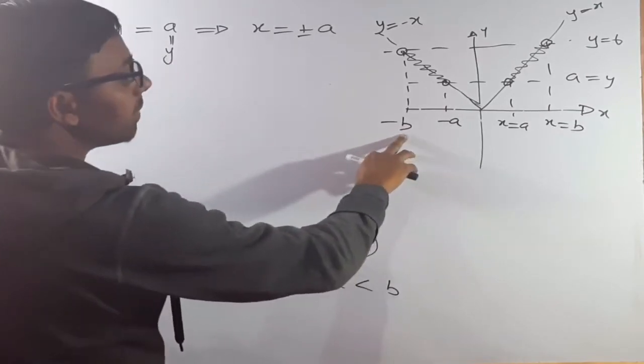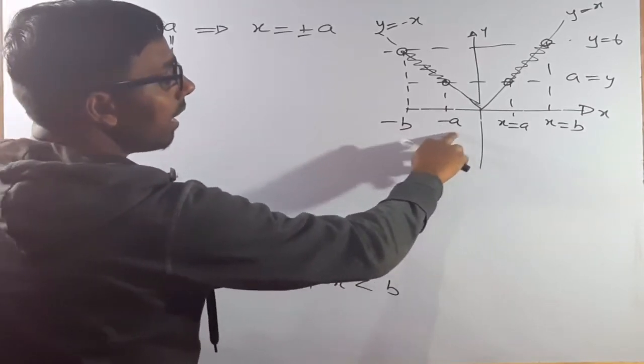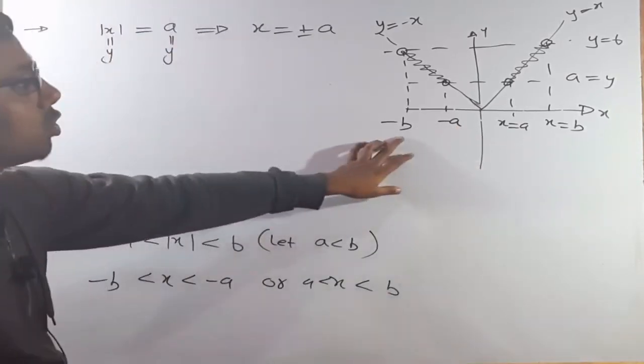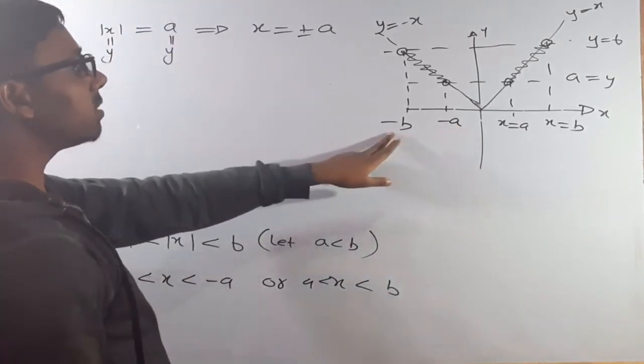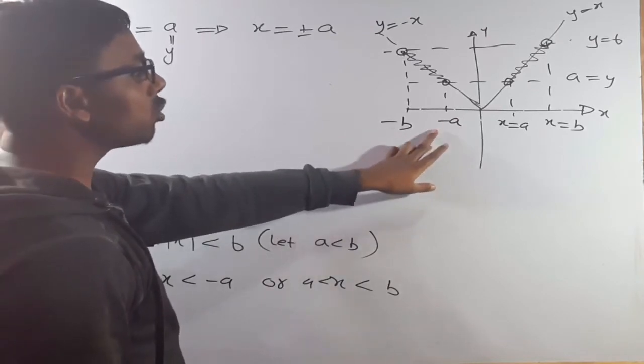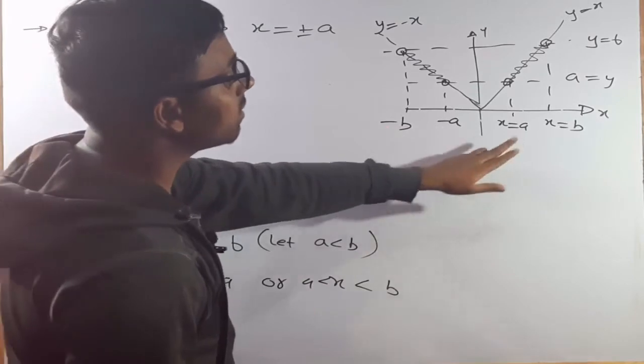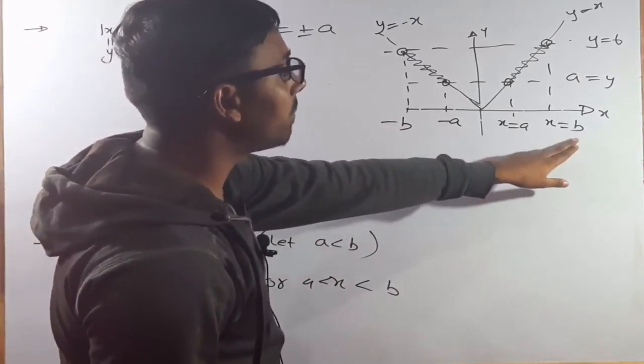We need to lie in between minus b and minus a, or a and b.